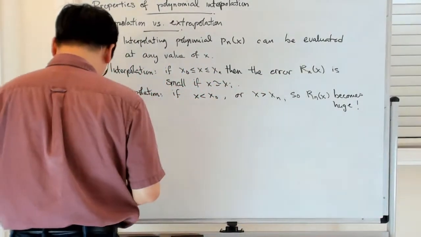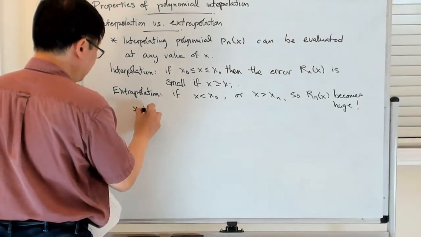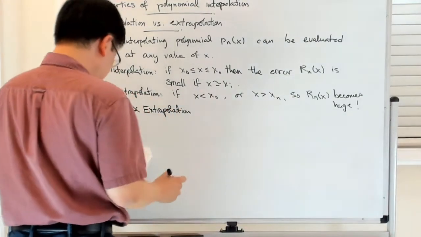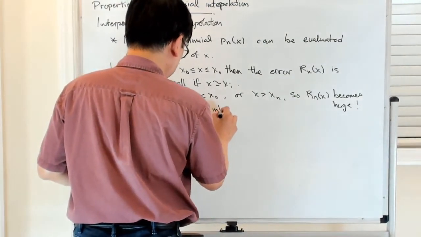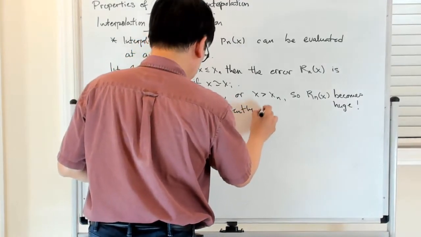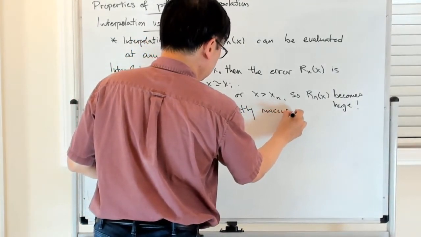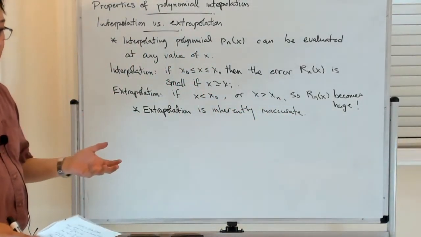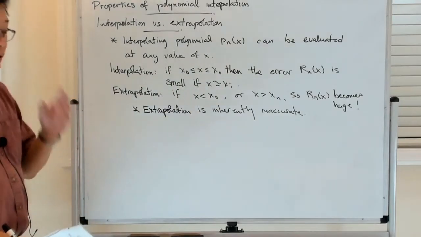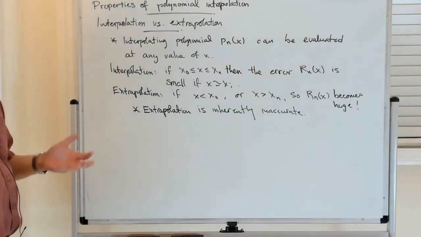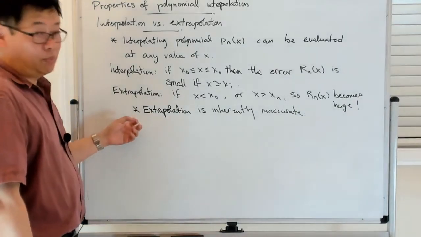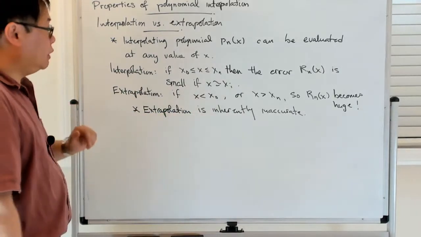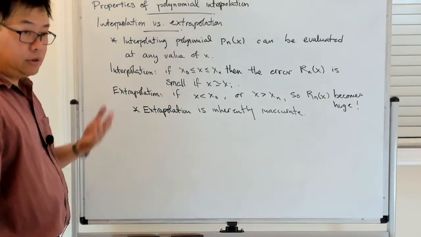So what that tells you is that extrapolation is inherently inaccurate. That's something to be aware of. When you're using data which is very far away from where you're trying to evaluate or approximate the function, you'll get an answer which is much more unreliable, which is perhaps obvious, but nevertheless bears repeating.